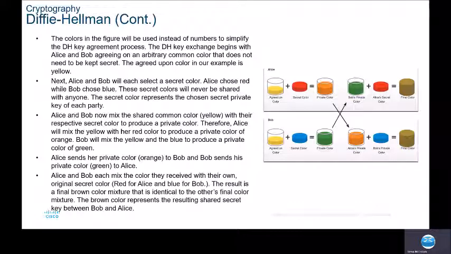Alice and Bob mix each color they receive with their own original secret color, red for Alice and blue for Bob. The result is a final brown color mixture that is identical to the other's final color mixture. The brown color represents the resulting shared secret key between Bob and Alice. It is very clever.